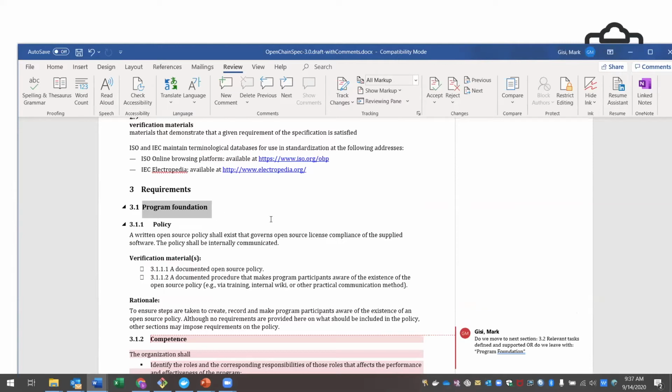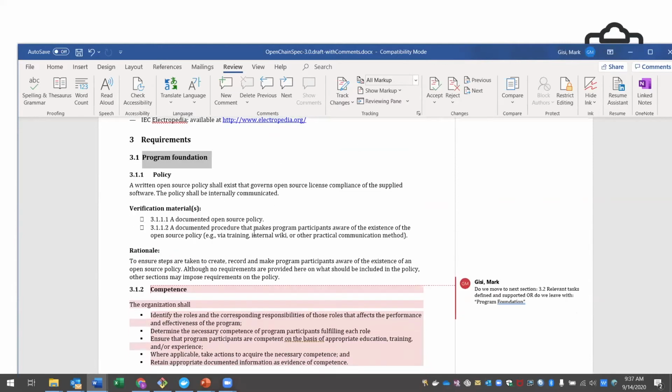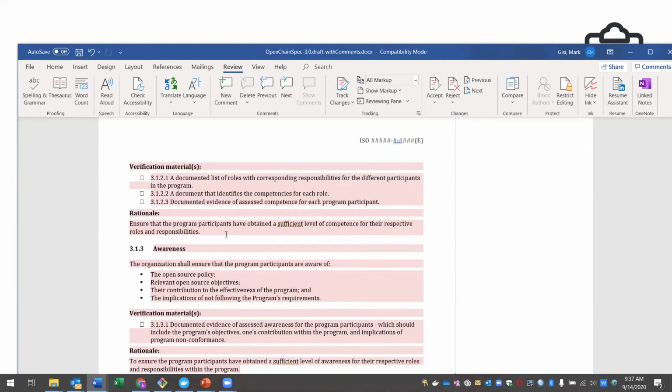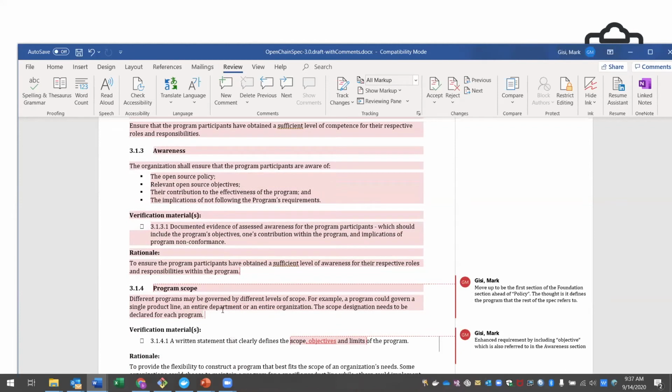Once you have a policy, then everything else kind of falls as a consequence of the policy. The initial recommendation that we got was that the program scope defines the program itself. So every organization can describe their program with respect to, it could be the entire company, it could be a particular division within their company, it could be a specific product line that they apply the program to. So we give them that degree of flexibility.